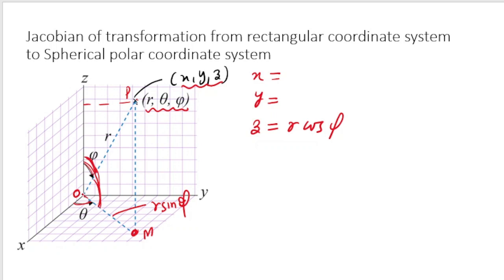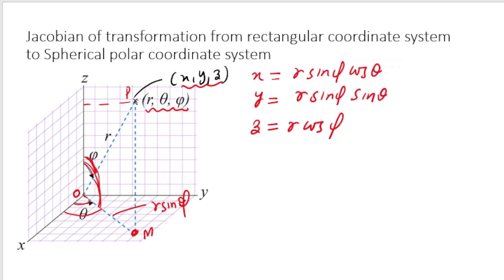Now this distance from O to M is r sin phi, and if this angle is theta, then its projection in the direction of x will be r sin phi cos theta. And its projection in the direction of y will be r sin phi sin theta.